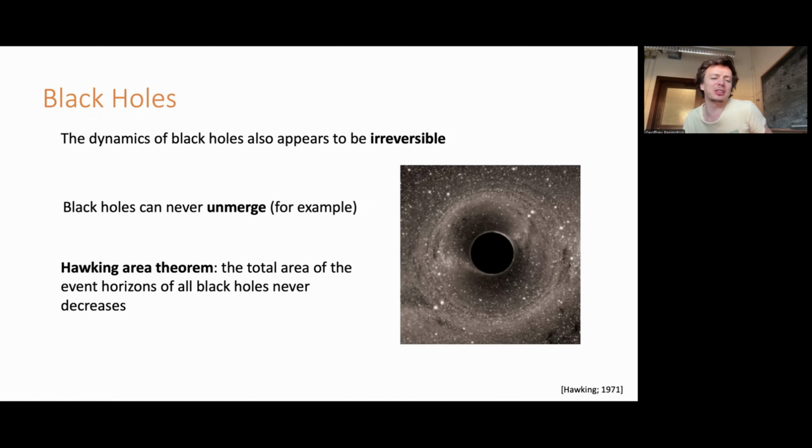In fact, there's a precise statement that's the black hole analog of this second law, which is the Hawking area theorem: if we add up the total areas of the event horizons at the edge of all of these different black holes, then it always increases over time. So this looks very like the statement that entropy always increases.